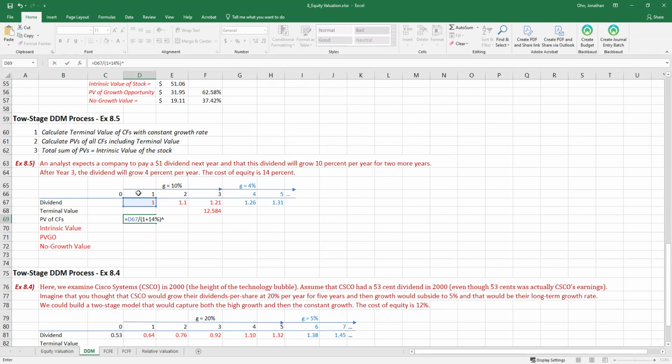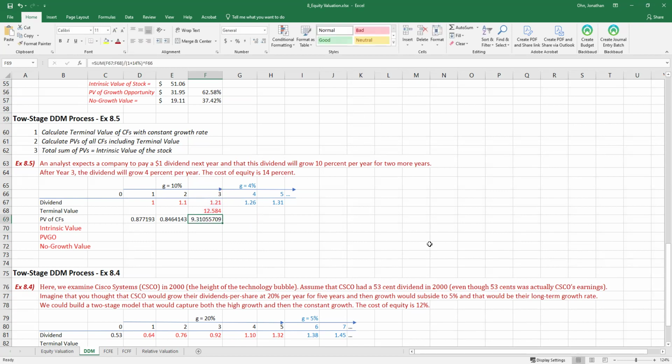And the next one is this one divided by 1 plus 14% to the 2, over a 2-year period. And for this one, we have 2 cash flows, so we have the sum of these 2 divided by 1 plus 14% to the 3.